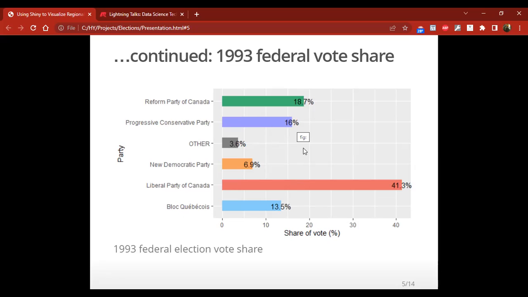And since they ran candidates across the entire country, as opposed to the Bloc, which only ran in Quebec, they actually outpaced the Bloc in terms of national popular vote share. But the problem is that the PCs' electoral support was spread thin, whereas the Bloc's was geographically concentrated within Quebec.